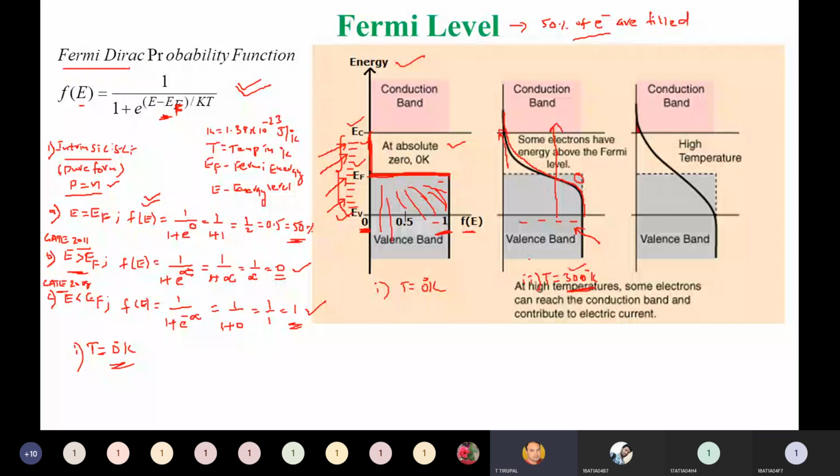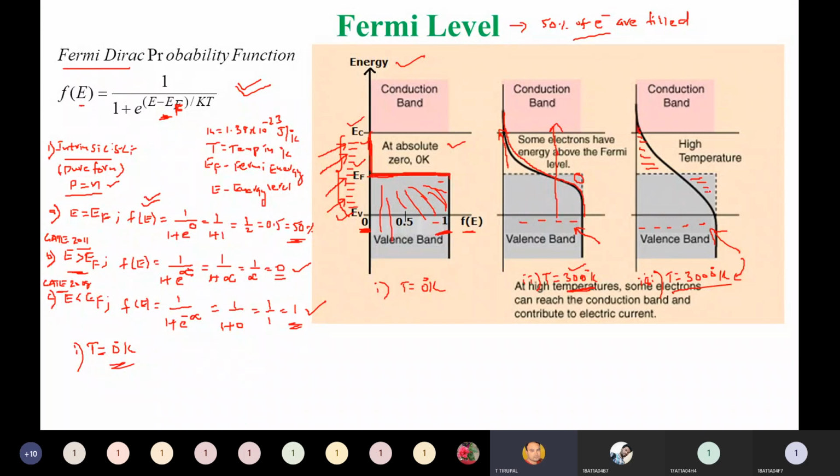Next, case 3, at T is equal to 3000 degree Kelvin, what happens? All the electrons present here take still more energy from the atmosphere, so all will jump from the valence band to the conduction band. See here, all are jumping from the valence band to the conduction band, and these are all filled states in the conduction band, and these are all empty states.